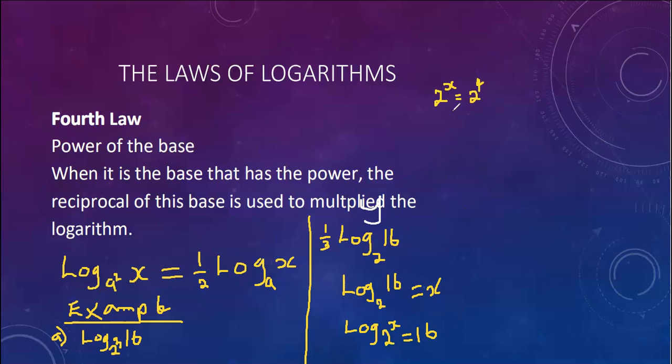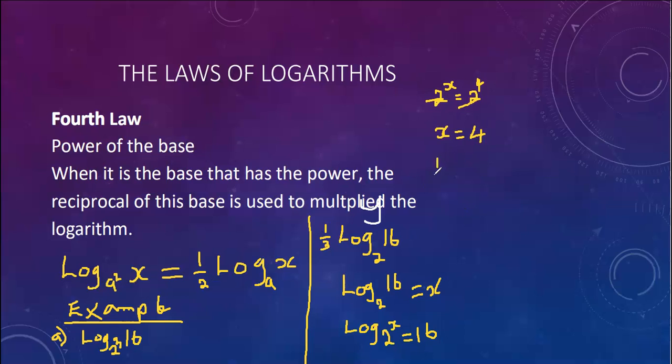Therefore, we have this cancel this, so our x is 4. That means log 16 in base 2 raised to the power of 3 is 4, or log 16 here is 4. Then we multiply it by this.